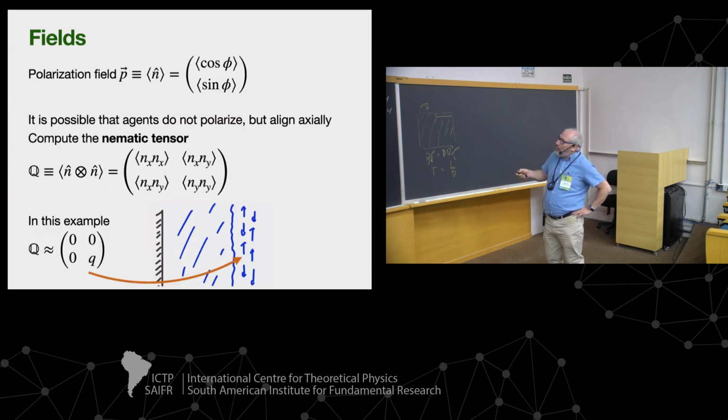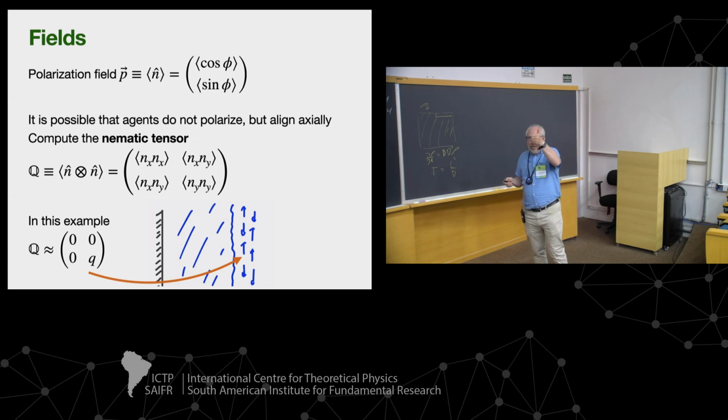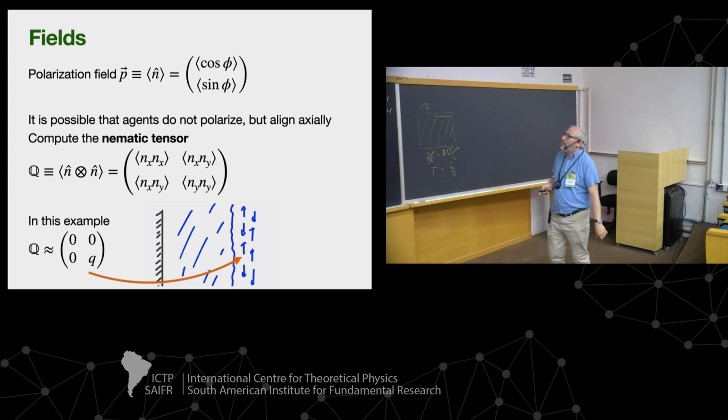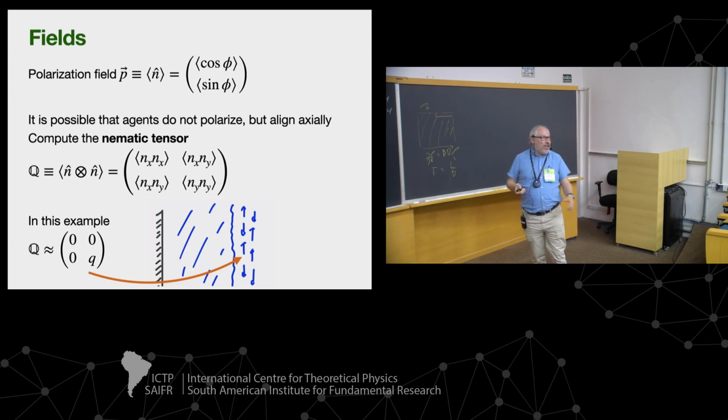And in this example, for example, in this position, the Q tensor is going to be essentially this thing, 0, 0, because you don't have particles pointing along x, and here you have a Q, because you have particles moving up, that gives you positive, but moving down, it also gives you positive because it's squared. Okay? That's the Q tensor. That's the information that you get from the Q tensor. You get organization of the system.